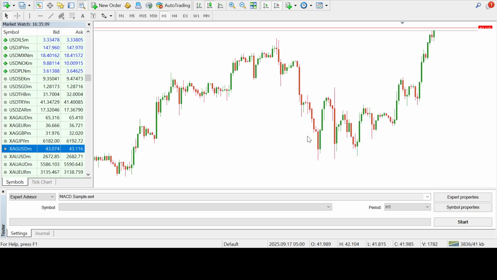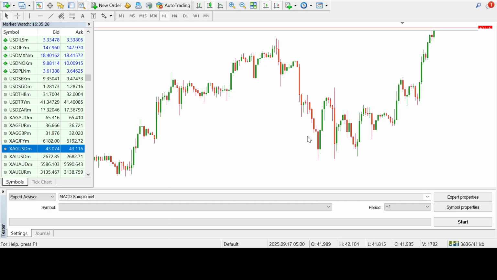Think of these platforms as your gateway to global commodity markets. Without them, you cannot access the market or execute trades. They serve as the bridge between you and the exchanges where these commodities are traded.